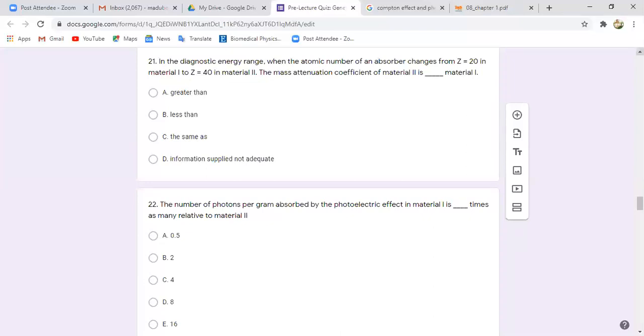Because we are talking about the photoelectric effect, it is directly proportional to Z. Maybe I should use the board again for this question.